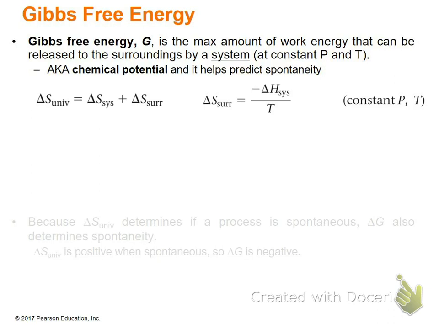So let's take a look at how the change in Gibbs free energy can help us determine spontaneity for a process or for a system. We learned these two equations right here: the delta S universe equation and the delta S surroundings equation. If we substitute the delta S surroundings equation into the delta S universe equation, we get a new equation for delta S universe.